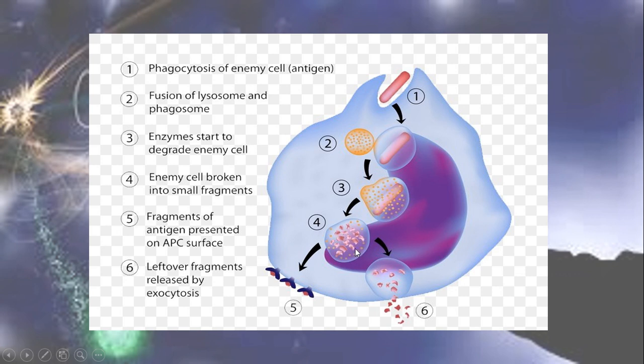After being digested, the leftovers or remnants are going to be released outside, but some of these remnants are going to be expressed on the surface. In this case, we call the macrophage an antigen presenting cell. So it is presenting those antigens to other types of cells, the T4 lymphocytes.